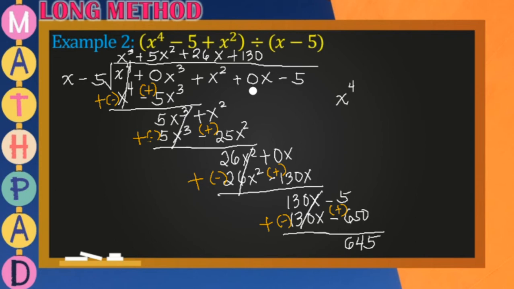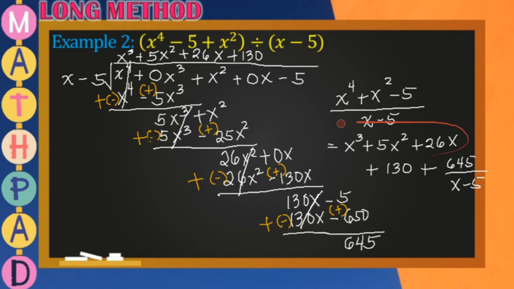Then, yung ating remainder, 645 over x minus 5. And that's it. So again, this is our dividend. Then, this is our divisor. Then, ito hanggang 130 ay ating quotient. Yan. Then, we add our remainder over the divisor. So, that's the long method.